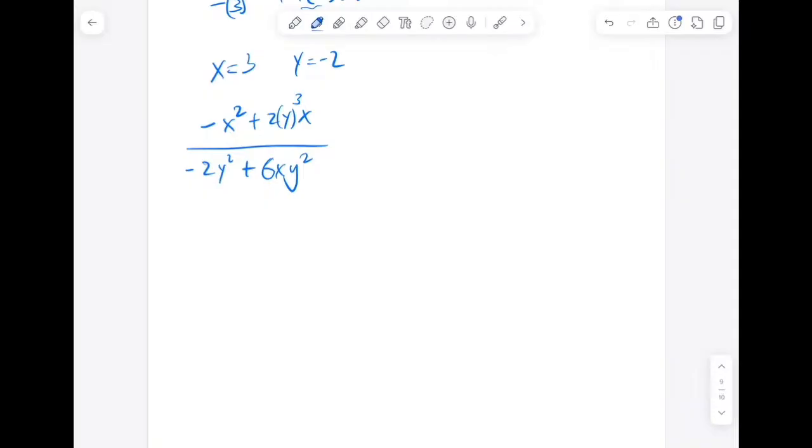So I want you to simplify that. I don't need a parenthesis here. Let me get rid of those parentheses.